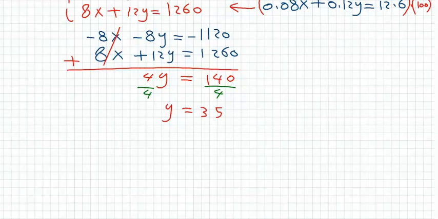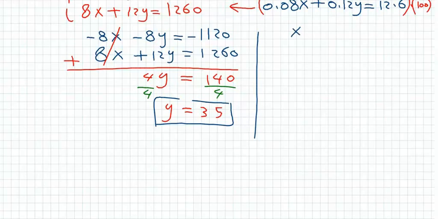From this result, we can find the quantity of the first solution using the original equation, which was saying x plus y equals 140. Substitute y in this equation.